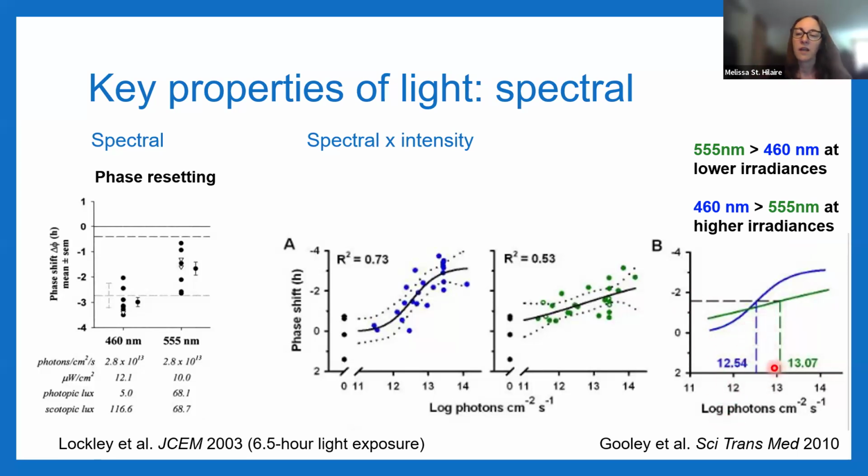And so you can see that generally speaking, it takes a lot more photons of the longer wavelength light to elicit the same magnitude of phase resetting response as from the shorter wavelength light. And that's just something, again, to keep in mind as we progress through the rest of the talk.